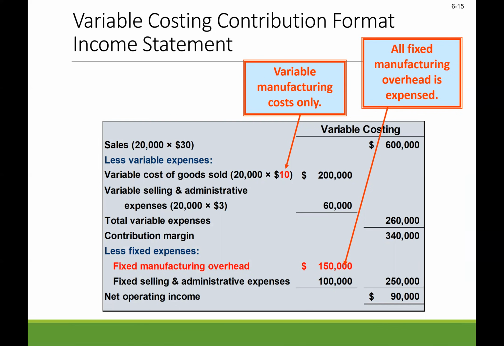Then we take all of our fixed cost to then come up with our net operating income. You see here, we only use variable manufacturing costs to show prior to the contribution margin.